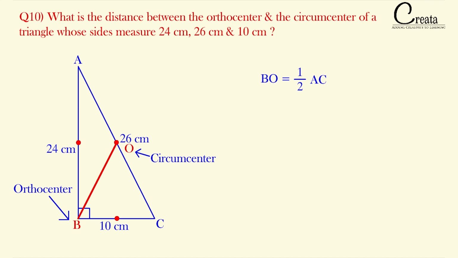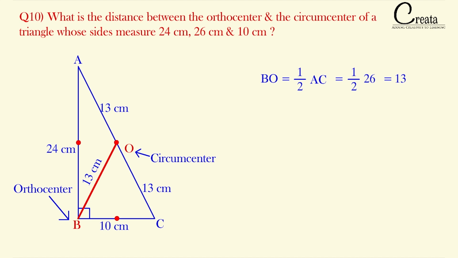Here AC is 26 cm. So half of hypotenuse, that is half of AC, will be 13 cm. So we got BO as 13 cm. That is the distance between the orthocenter and the circumcenter is 13 cm. That is the answer of the question.